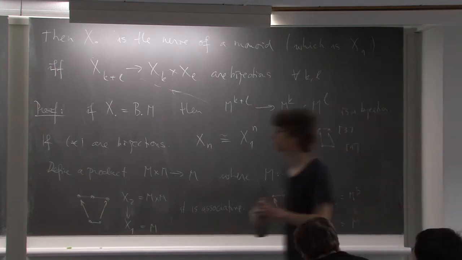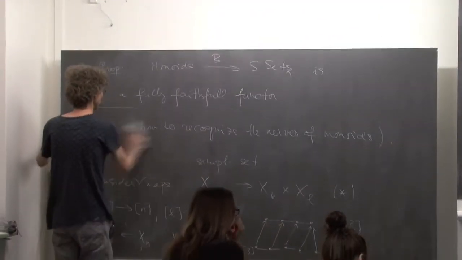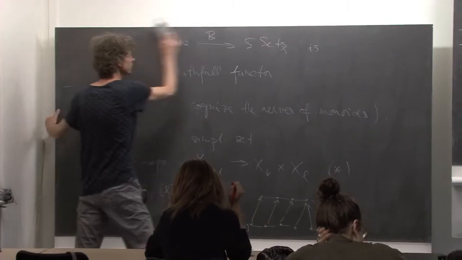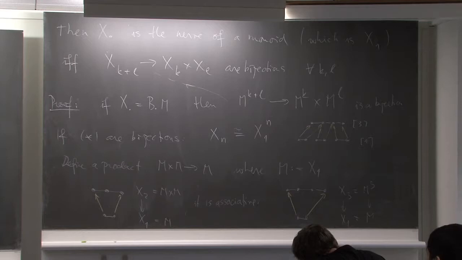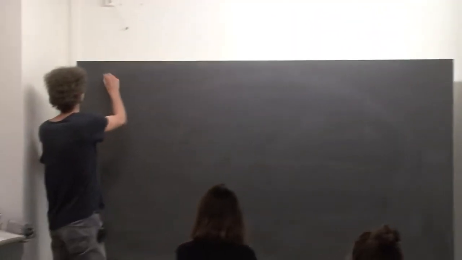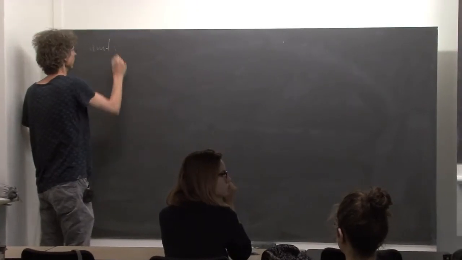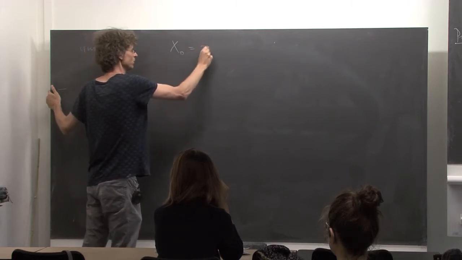I should still say who's the unit. It is given as before, so this X_0 is just a point.